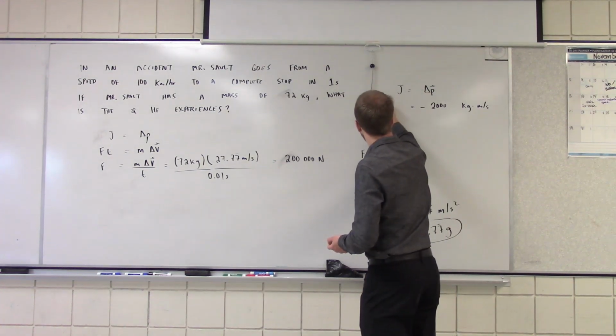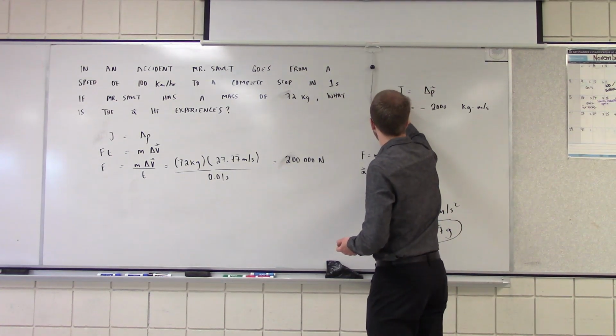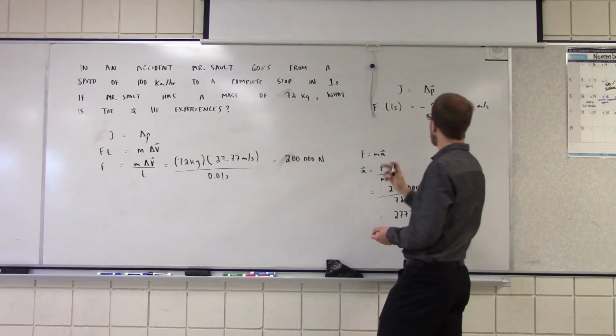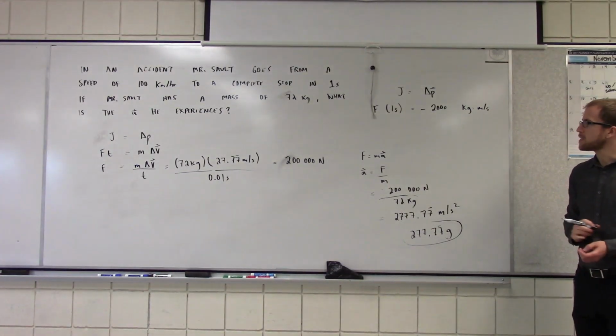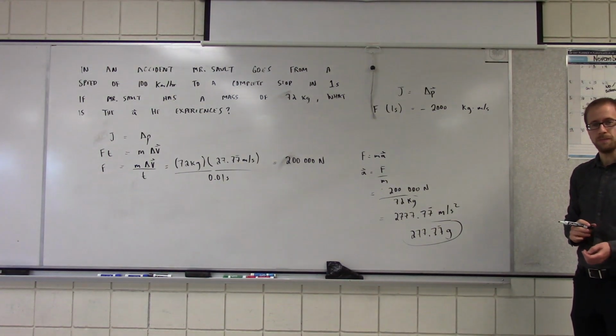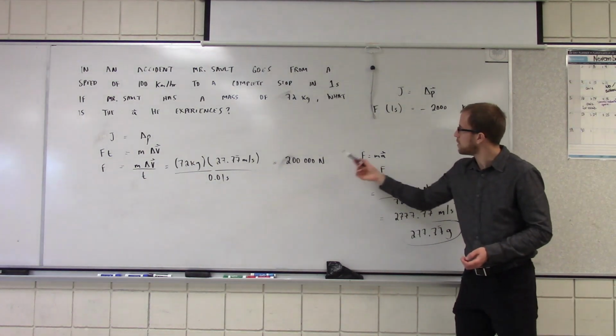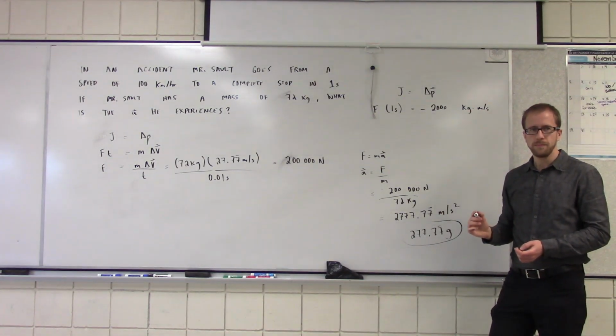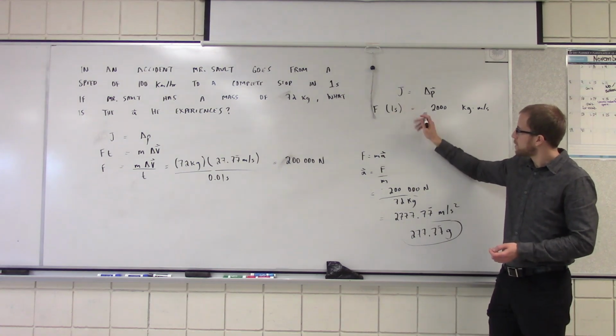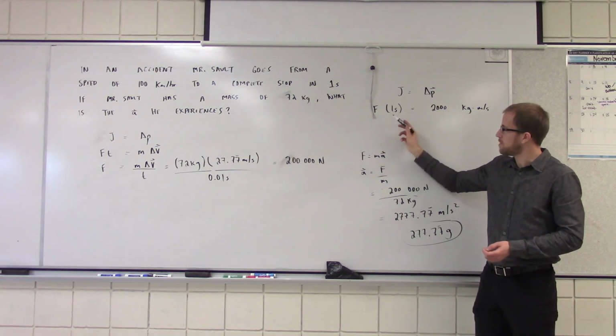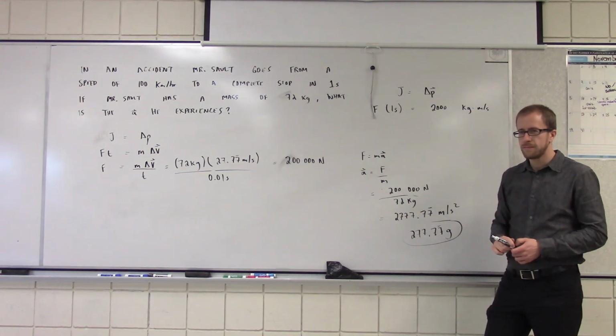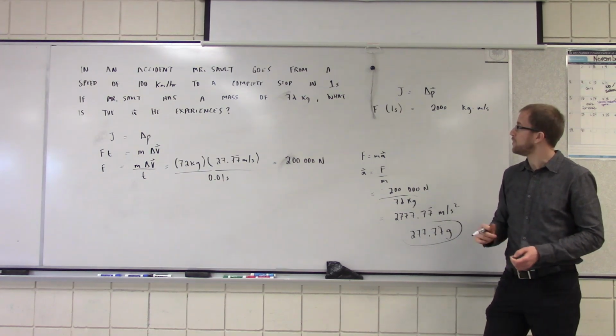And that's going to be my force times a time of 1 second. So what must my force be in this situation? It's not going to be 200,000. What is it going to be? It's going to be 2,000, right?